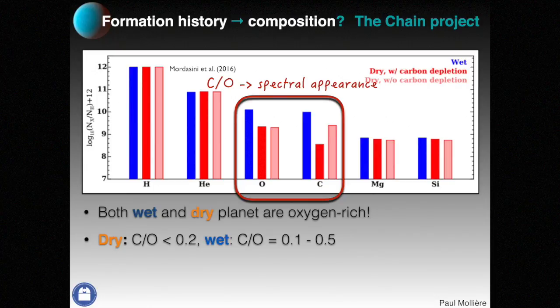And this range, which basically varies the height of this bar, comes from our insufficient knowledge of how efficiently you trap other volatile species into water ices when the water condenses in the outer parts of the disk, which is called clathrate formation.